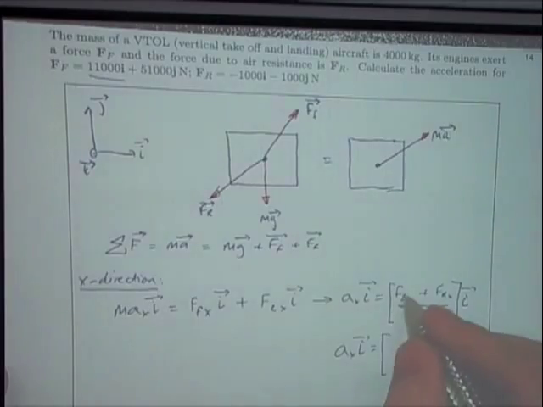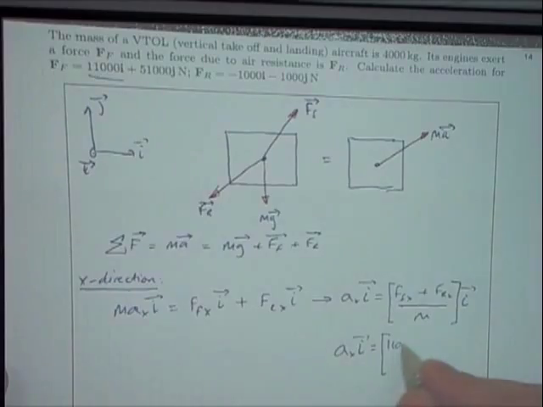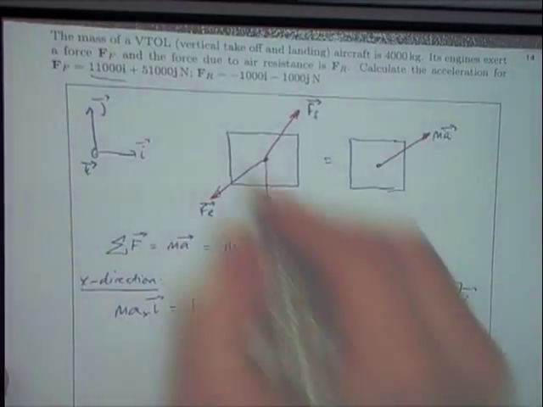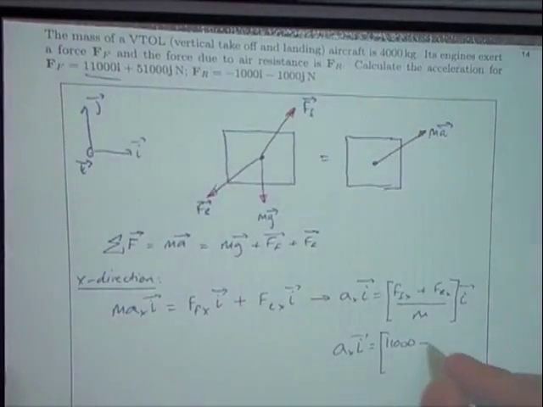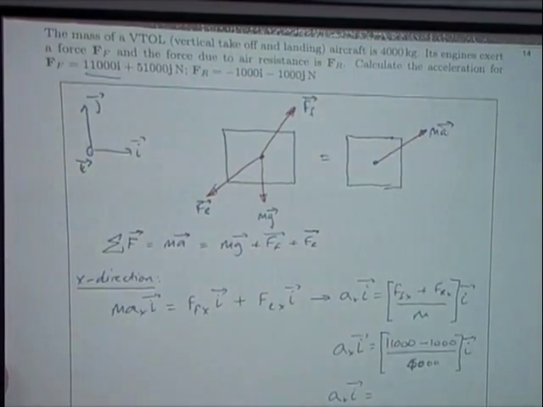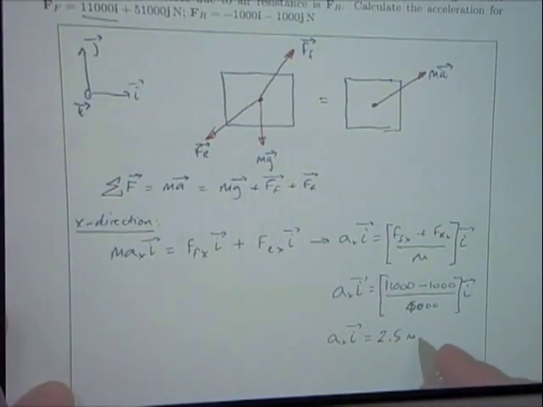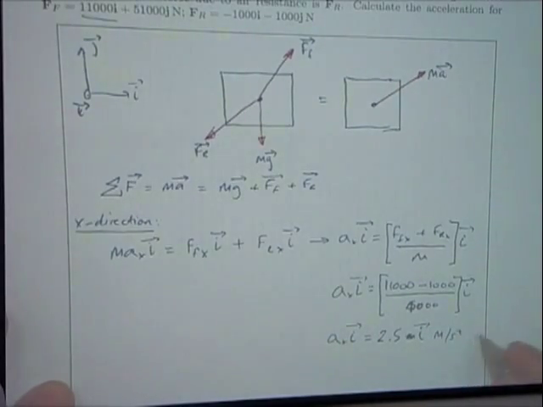Well, we know that the horizontal component of the thrust force is 11,000. And we know that the horizontal component of the resistance force is minus 1,000. Divide by 4,000. And that comes out to be 2.5 I, don't forget your vectors, meters per second squared.